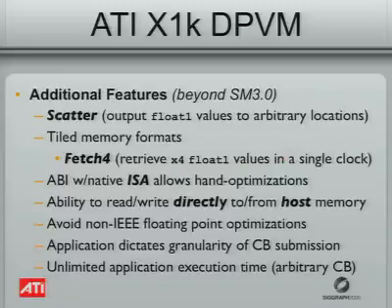So again, additional features beyond shader model 3.0 and stuff that isn't available in any graphics API since it hasn't been adopted by any spec is scatter, which allows you to output float 1 values to arbitrary locations, as well as tiled memory formats, which are a high-speed optimal format which our memory controller is optimized for. And one in particular is fetch 4, which allows you to retrieve 4 floating point 32-bit values in a single clock, which for some applications can actually increase your bandwidth by 4.